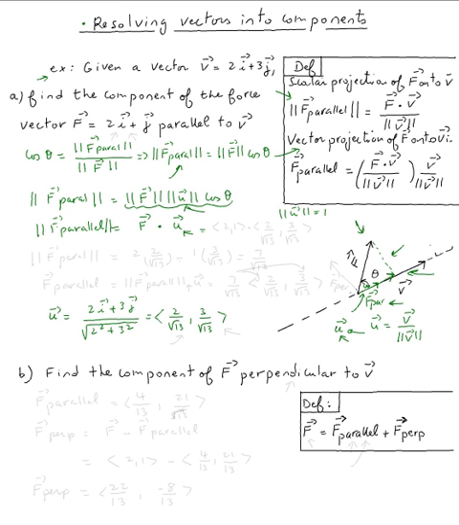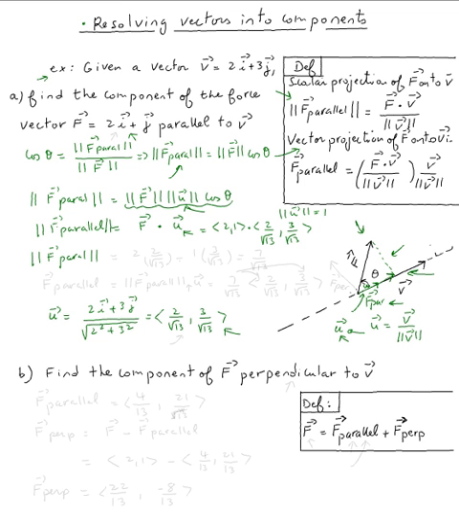I'm almost done. Now this is going to be equal to the vector force, given right here, (2, 1), dot the u I just found, (2 over square root of 13, 3 over square root of 13). And I'm done. I'm still not really done, but you'll see.